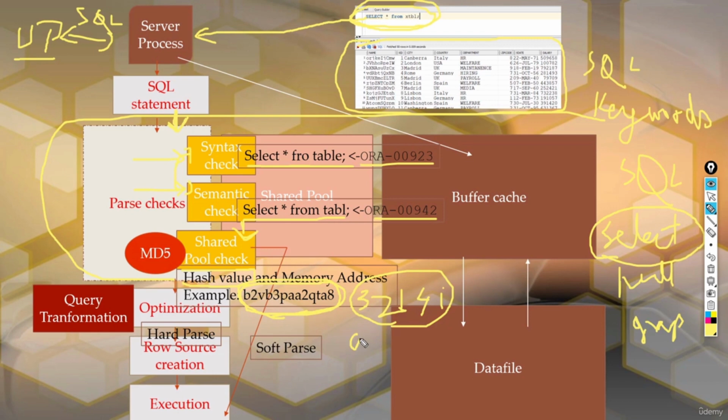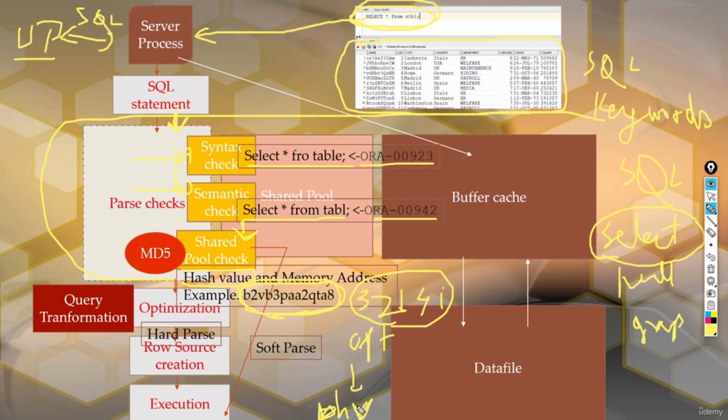Also, the optimizer generates an execution plan, which has a plan hash value, for this particular SQL statement to access the records from either memory or the database. So this execution plan should be good, or you can say it should be the best out of all the other plans. So there are multiple execution plans for a SQL ID. It may be multiple or single, but that depends on the situation.